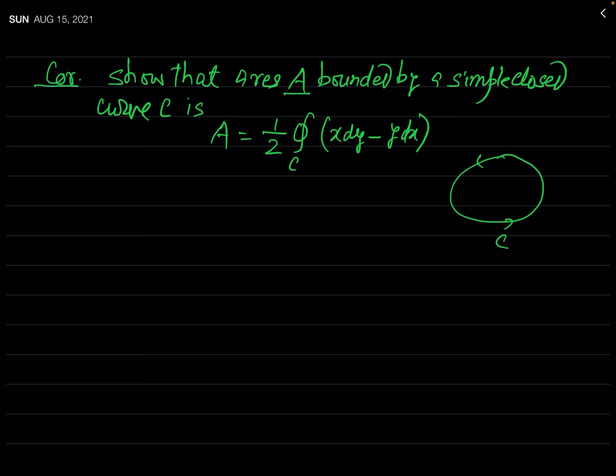So here you can see there is no restriction on the shape and size of the curve. This closed curve may be a rectangle, it may be a square, it may be a circle, it may be an ellipse. So this is just a general result for the area of a region in xy plane bounded by a closed curve. So this is very useful.